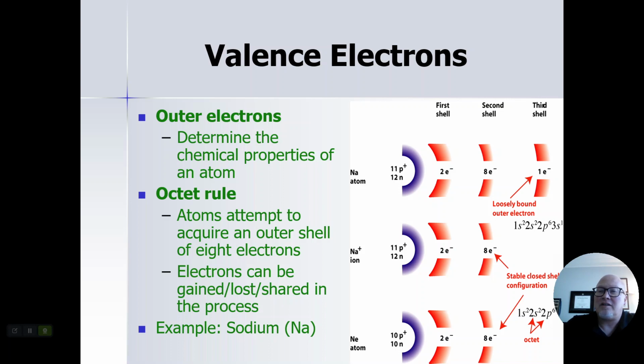So if we take a look, sodium's outermost shell has 1 electron in it, so it's easy to lose that electron. And so we end up with 8 electrons in its outermost shell. That gives us sodium plus 1 because it lost 1 of its electrons, and that becomes the most stable form of sodium.